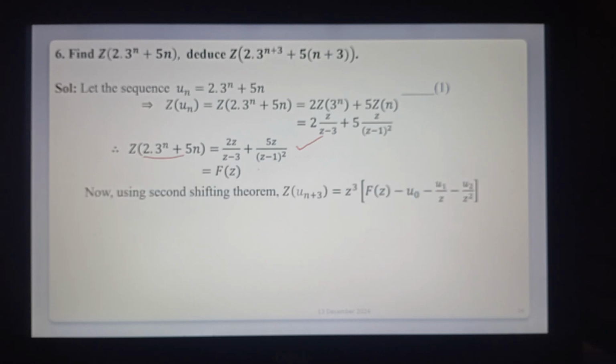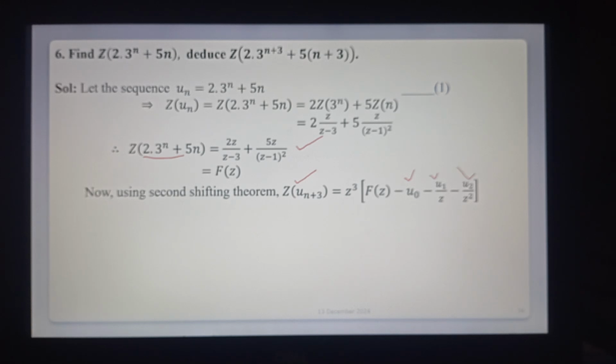Now using the second shifting theorem, the z transform of u(n+3) is equal to, by the formula, z cube into f of z minus u0 minus u1 by z minus u2 by z square. So now finding u0, u1, u2.